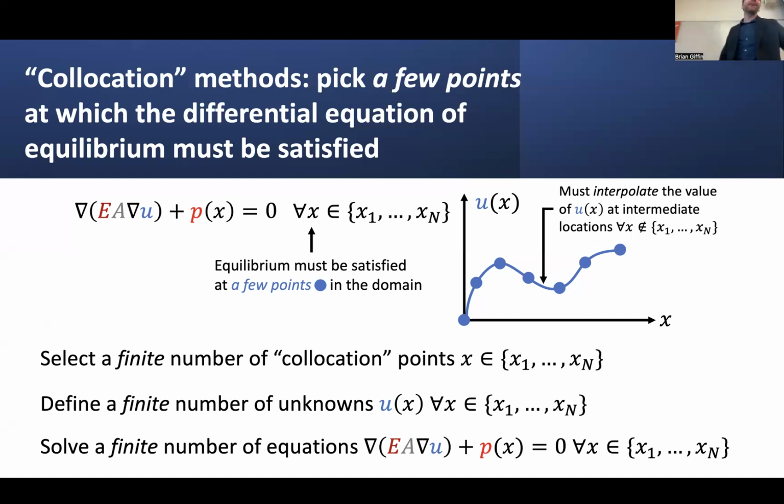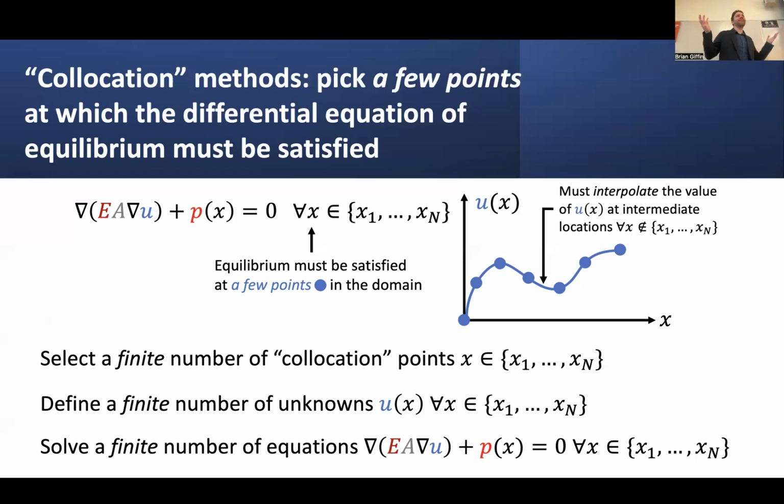To reconstruct what the solution values should be in these regions where we haven't explicitly stated what the value of the displacement field is, we have to guess, or rather interpolate, the specific values of the displacement field in between those different regions.